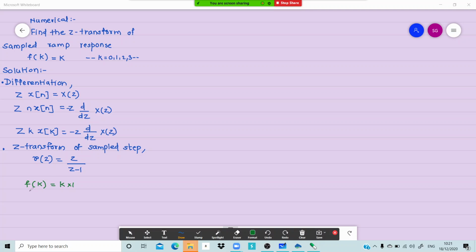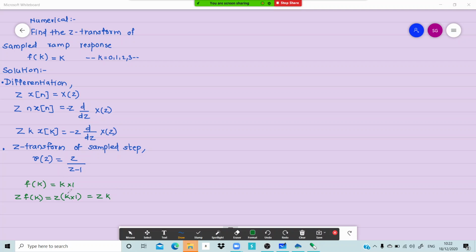Okay, so in that case, the Z transform of f of k is the Z transform of k into 1, right? That is the Z transform of k. Now your function is x of k, so actually it will be k, and the Z transform of this is the unit step.